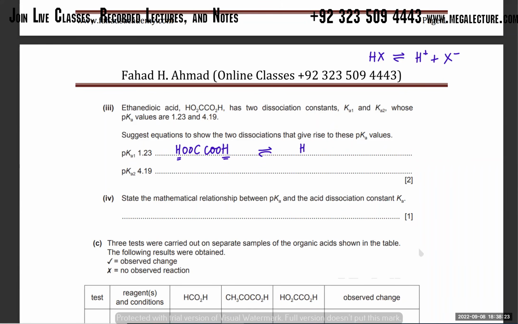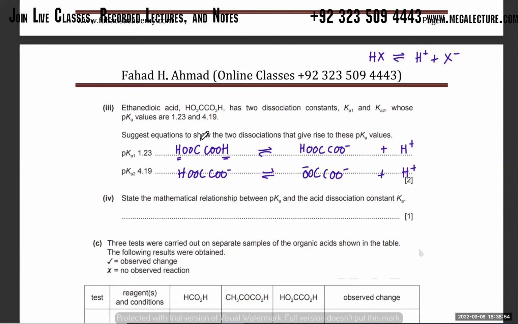It happens in two steps, and it will release one H+1. Then this ion over here, जो बचा है ना ion, that will release the other H+1 ion as well. And you'll get COO -1, COO -1, and another H+1. So in both cases, you get kind of the same expression.